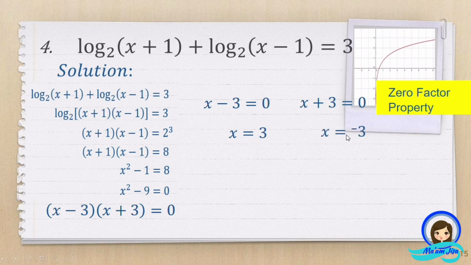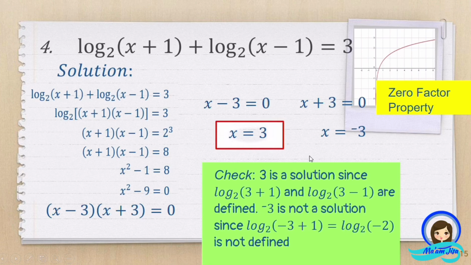Now checking, 3 is a solution since logarithm of quantity 3 plus 1 to the base 2 and logarithm of quantity 3 minus 1 to the base 2 are defined. It's because the base is positive and the logarithm of that number is also positive. Negative 3 is not a solution since logarithm of quantity negative 3 plus 1 to the base 2 is equal to logarithm of negative 2 to the base 2 is not defined.